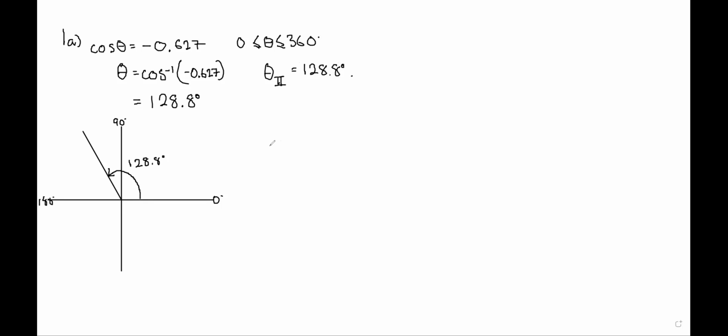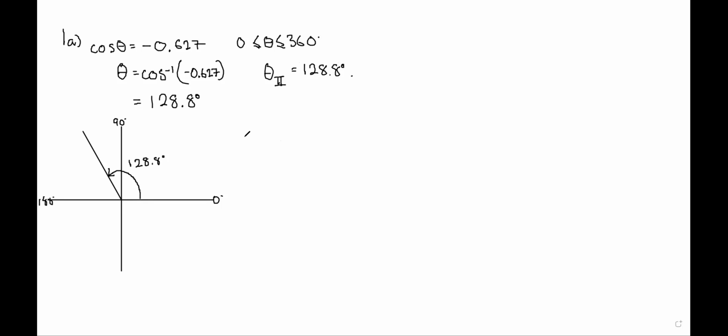Okay, all right, everyone, use your calculator to find the second angle. Problem is you can't. There is another angle that exists that will give you a negative 0.627, but the calculator cannot do it because it's programmed to give you the most efficient angle for that situation.